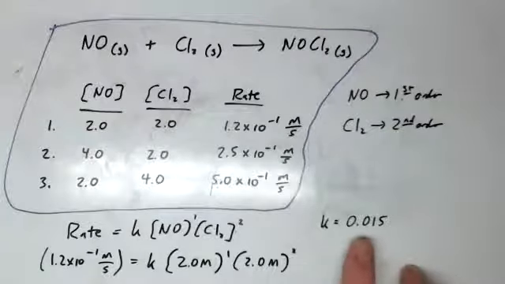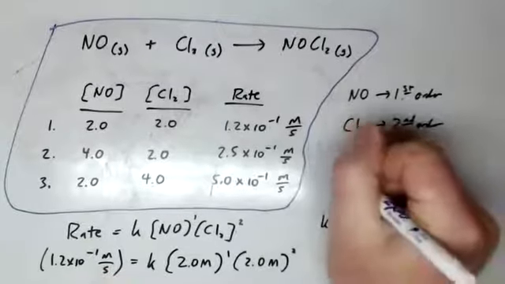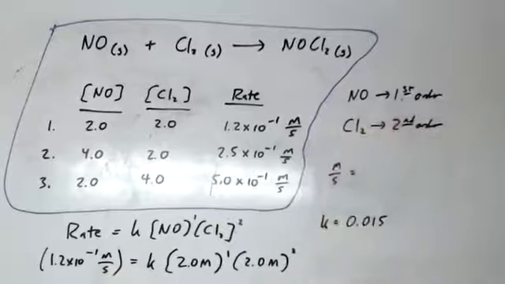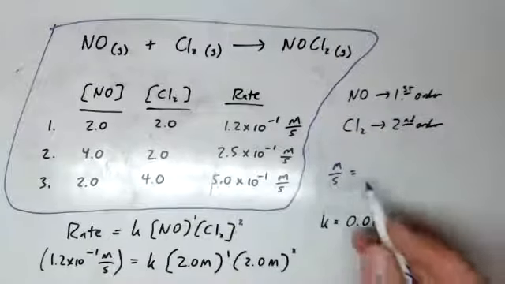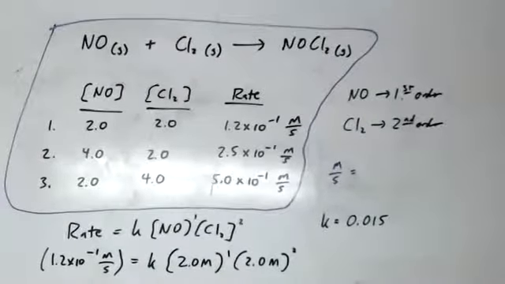So this numerical value for K was pretty easy to get. Here's the really tricky part. What is the units for K going to be? Well, looking at our equation, so rate here, remember, was in molarity per second. And by the rules of algebra, our units to the right-hand side here have to also be molarity per second.